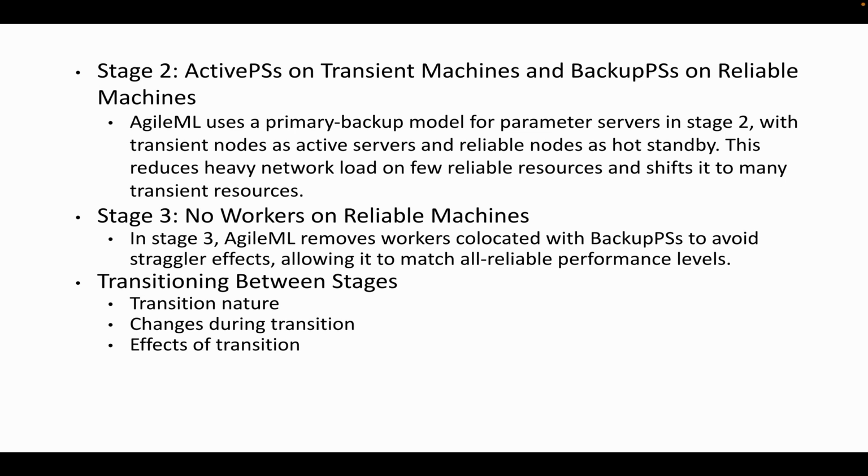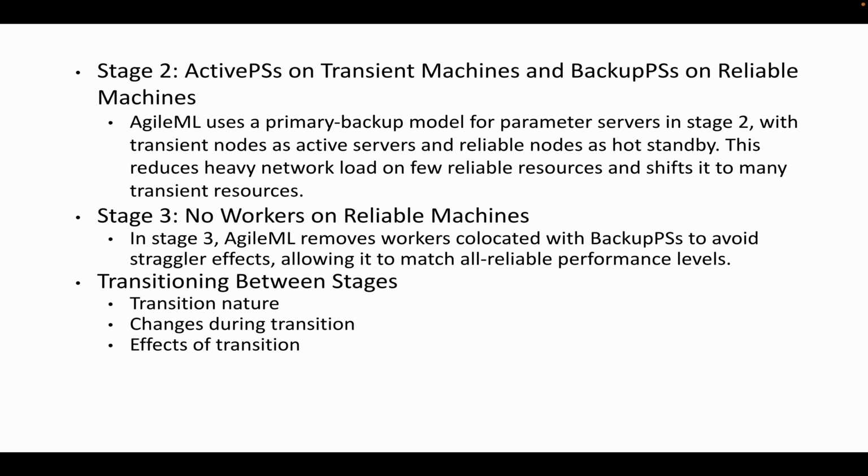Now if we see stage 3, it says that there are no workers on reliable machines. This happens to avoid the straggler effect. So what is the straggler effect? The straggler effect is a scenario when one or more slower nodes create a bottleneck, and this eventually reduces the performance of the whole system.